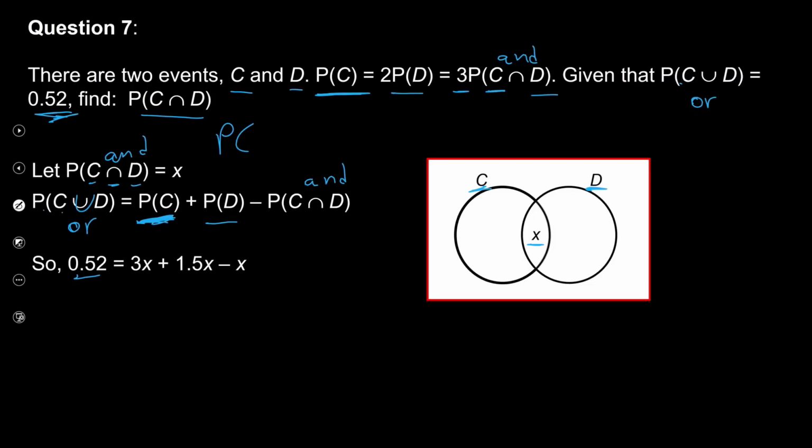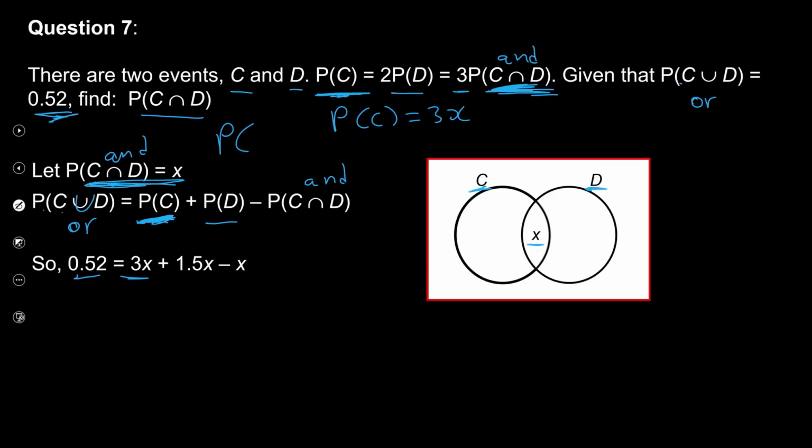If we look at the probability of C, we said let the intersection be X. If that is X, because we know that P(C) is 3 times X, then we get 3X. And also we know this is X.